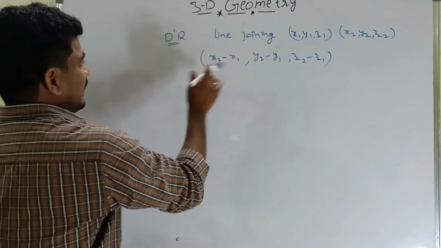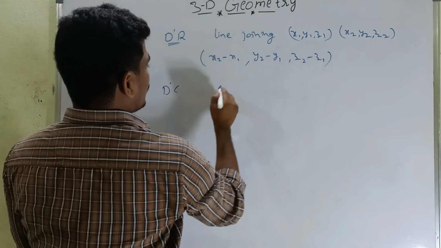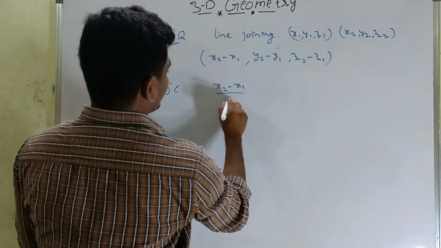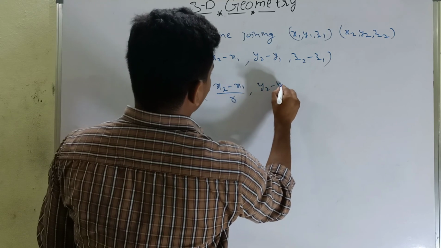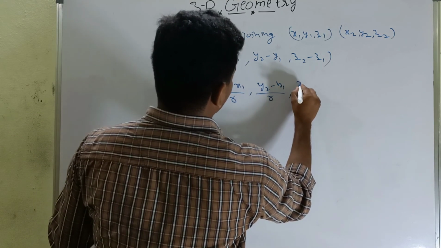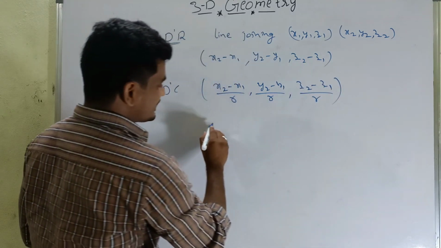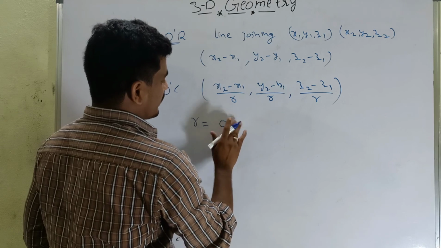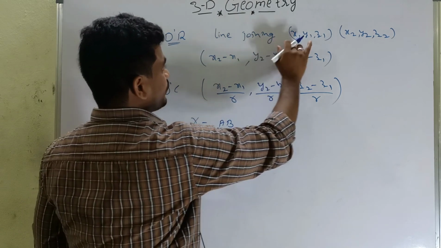And next, the direction cosines of the line joining these 2 points are x2 minus x1 by r, y2 minus y1 by r, z2 minus z1 by r. What is r? r is the distance between A and B, the distance between these 2 points.